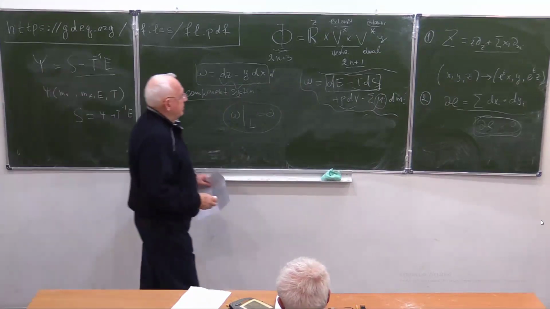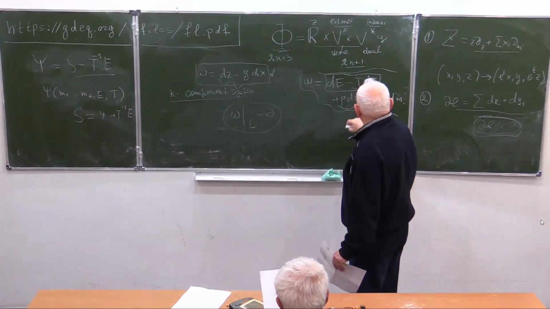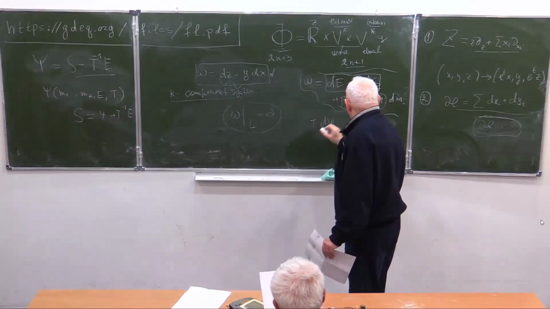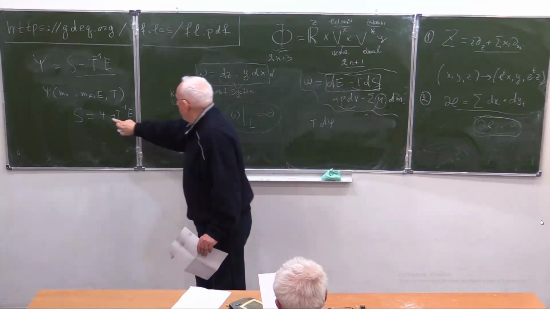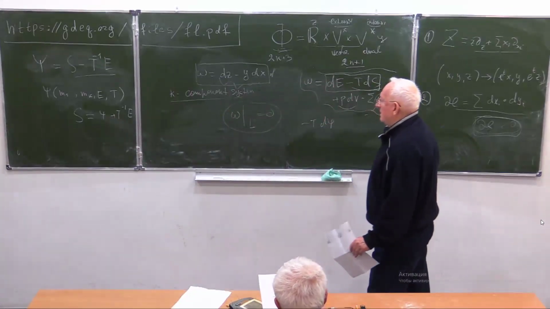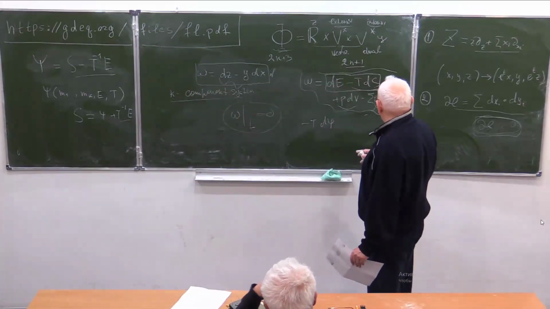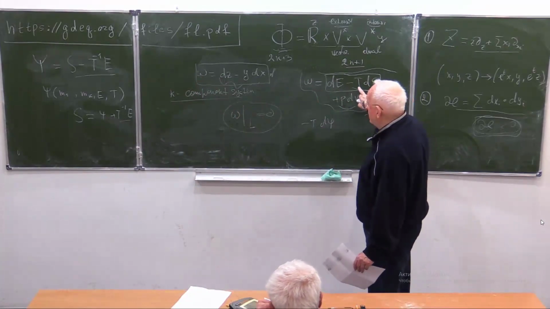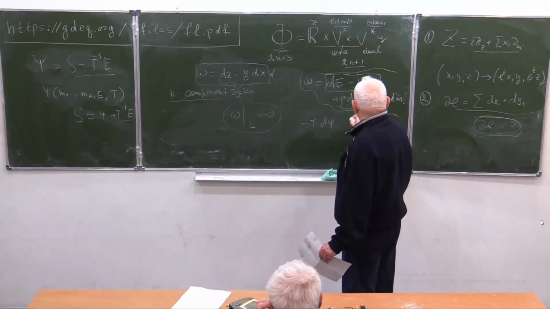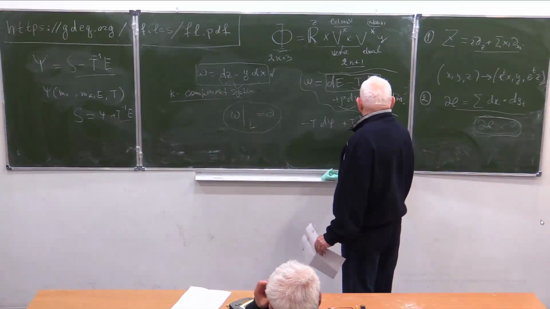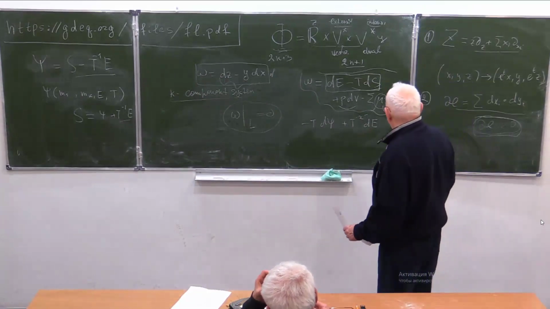If you put it here, you will get something like this: T dphi, from dS, this one, minus. And the differential of this, when you multiply by T, will contain dE, so dE will cancel, and it will be another plus E minus 2, and this is the rest.